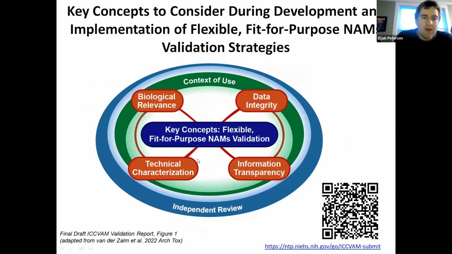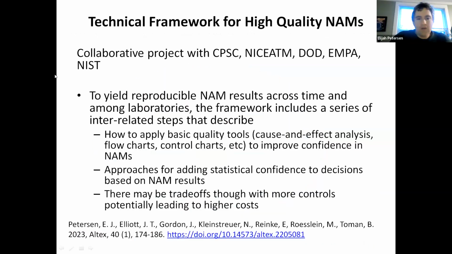What I'm going to focus on is really the technical characterization part of it.